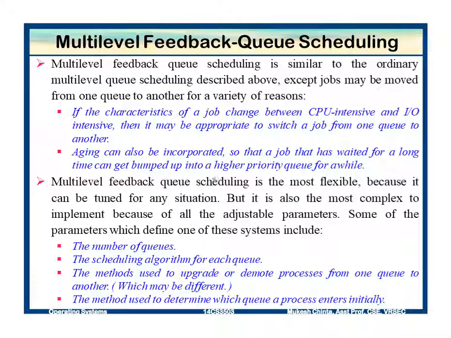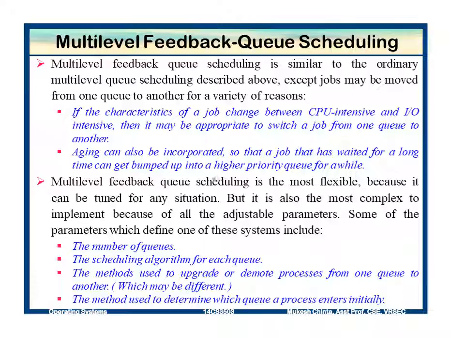If the characteristics of a job change between CPU intensive and input-output intensive, then it may be appropriate to switch a job from one queue to another. Aging can also be incorporated so that a job that has waited for a long time can get a bump up into a higher priority queue for a while.